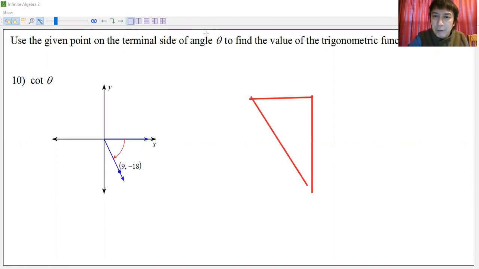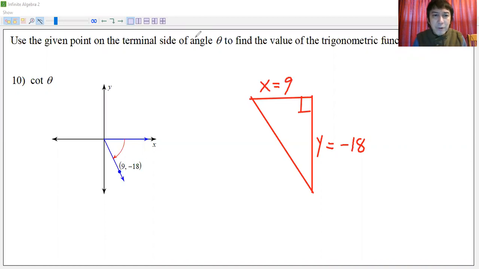It will be something like this. And then this is our right angle. Our y value must be -18. Our x value, of course, will be +9.